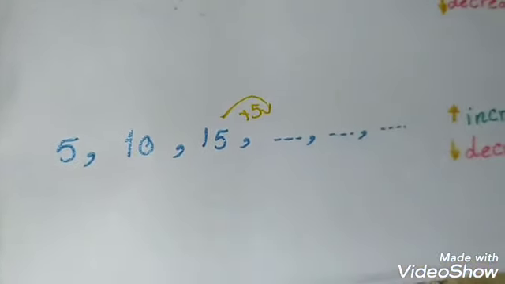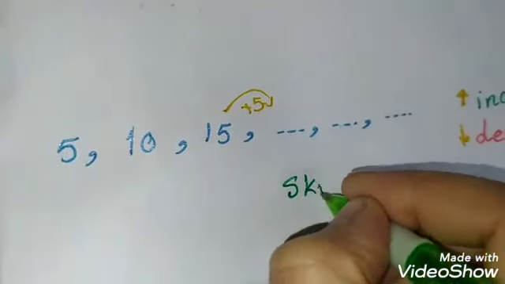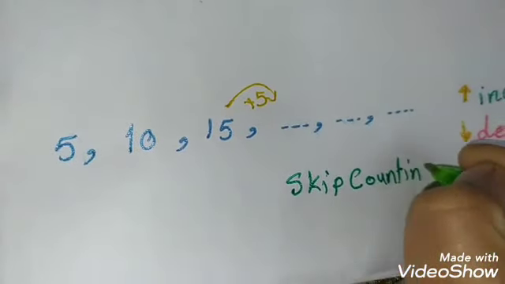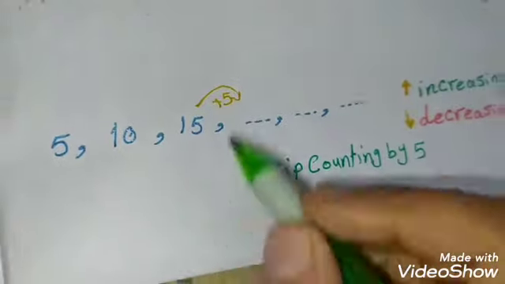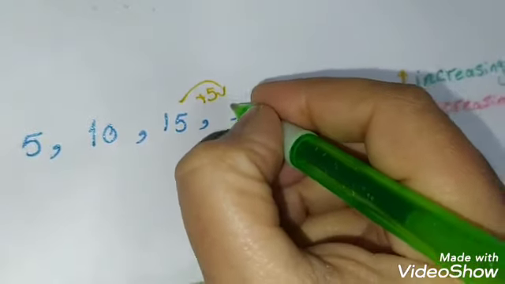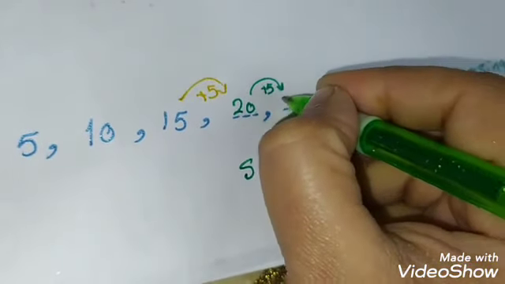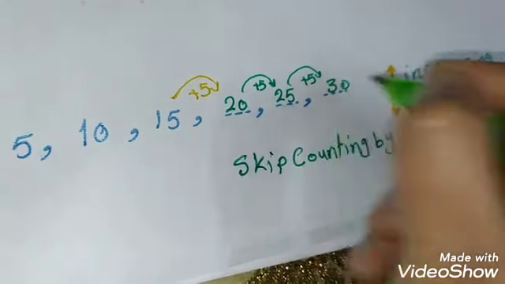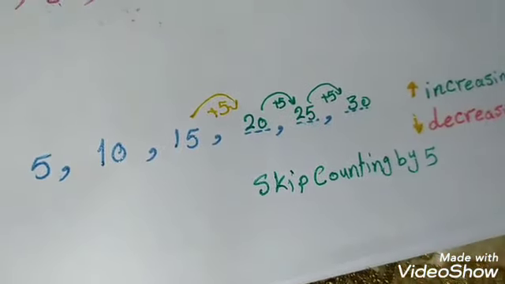And I can also call this pattern skip counting by 5. You skip counting by 5. 15 plus 5 equals 20. And then plus 5 equals 25. Plus 5 equals 30. You can use counting on to find the next numbers.